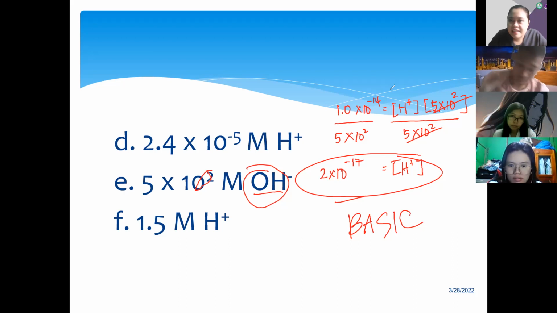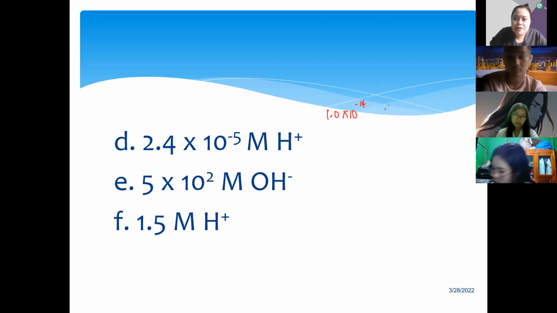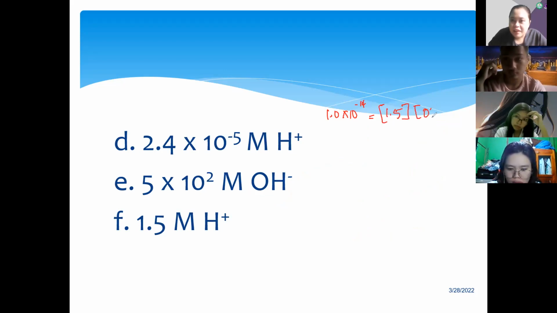And lastly, we have letter F, the same again, 1.0 times 10 raised to the power of -14, and then the H plus is given. So this is 1.5 only. And then this is OH. Let's look for the OH.